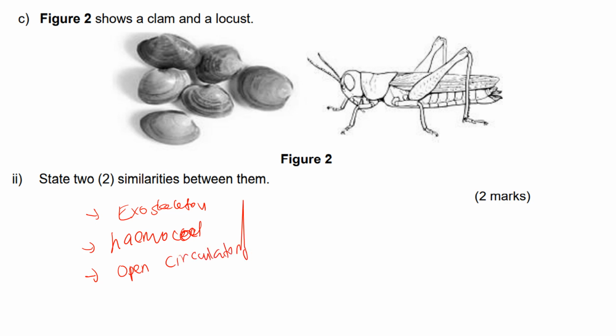Open circulatory system means that they do not have any blood vessels to confine the blood. So the blood of the grasshopper will be mixed with its interstitial fluid in the hemocoel. And the body is covered by exoskeleton.